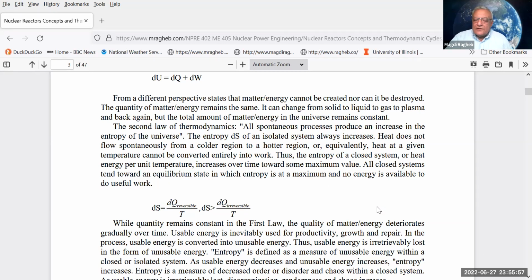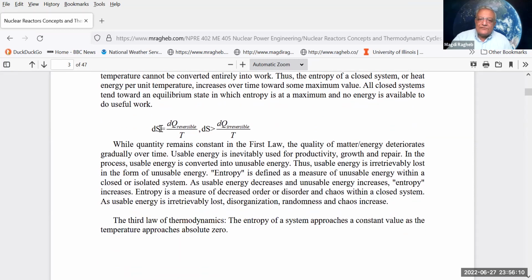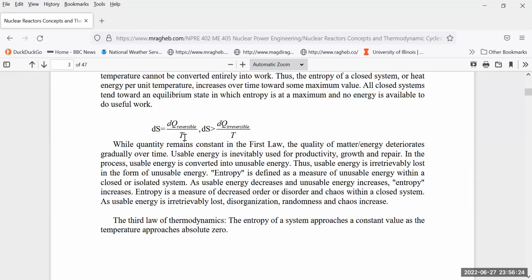The second law of thermodynamics suggests that all spontaneous processes produce an increase in the entropy of the universe. This is a principle of irreversibility, and we define the entropy as the change in the heat energy in a reversible system divided by T. And T here, when we deal with thermodynamics, is not the Celsius temperature, it is not the Fahrenheit temperature, it is the Kelvin temperature.